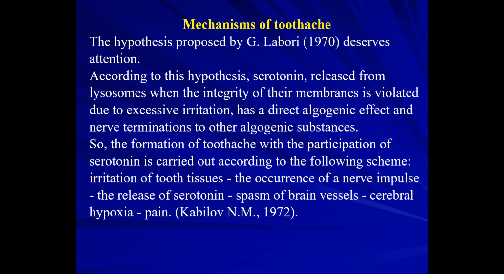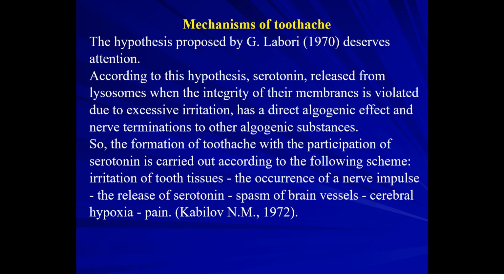The hypothesis proposed by Laborit in 1970 deserves our attention. According to this hypothesis, serotonin released from lysosomes when the integrity of their membranes is violated due to excessive irritation has a direct algogenic effect on nerve terminations, as do other algogenic substances.